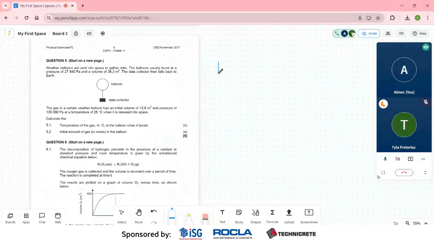So we write it. And also remember, in this scenario, we've got pressure, volume, and temperature number 1, and pressure, volume, temperature number 2.